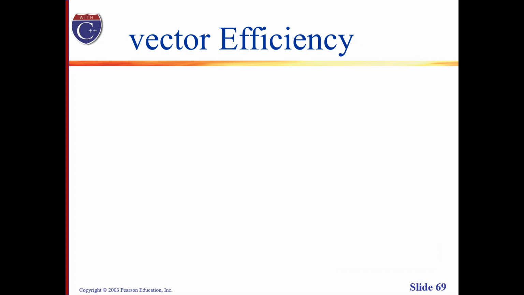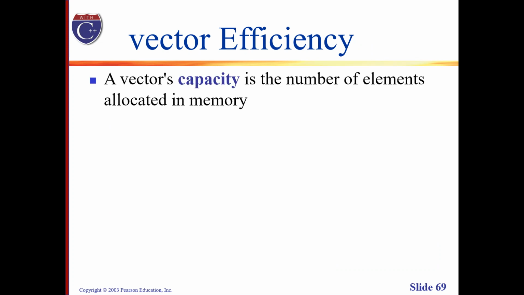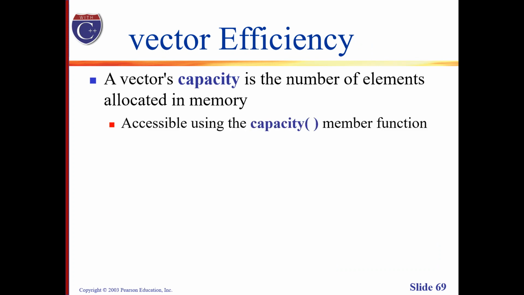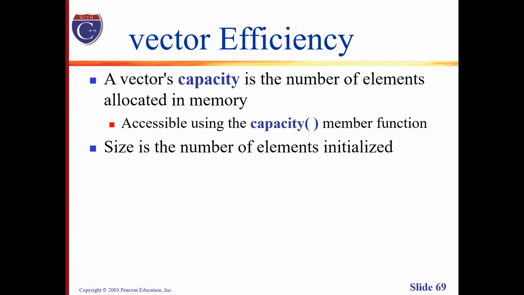How about the efficiency of a vector? A vector's capacity is the number of elements allocated in memory. Thus, it is accessible using the capacity member function. Size refers to the number of elements initialized. Of course, a vector can be resized dynamically.